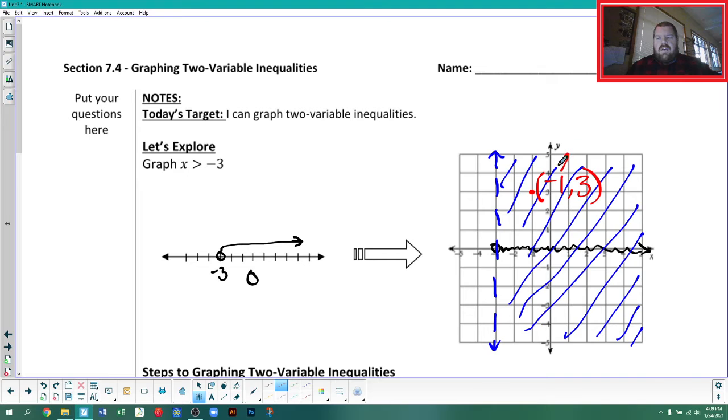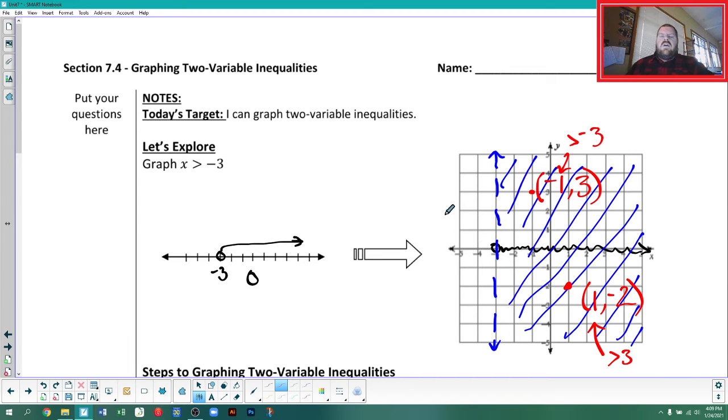Its x value is greater than -3. Same thing is true on all these points, even down here. This point at 1, -2 has an x value of 1, which is again greater than -3. So it's all these points over here.